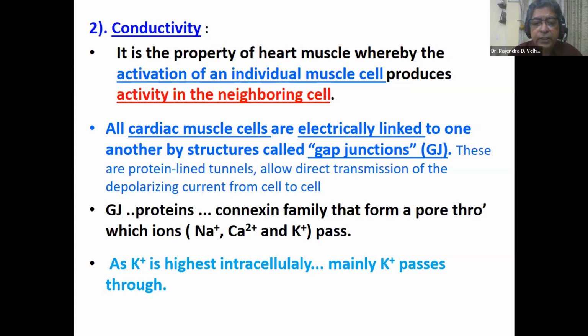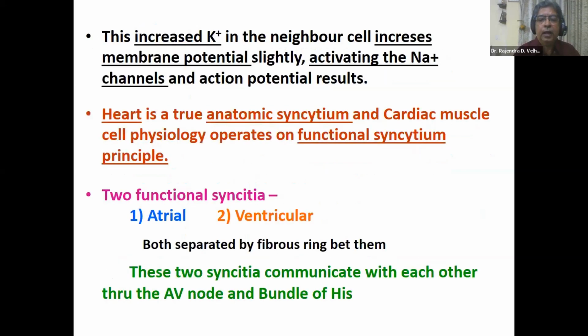These gap junctions are proteins of the connexin family that form the pore through which ions like sodium, calcium, and potassium pass. Since potassium is more available intracellularly, mainly it passes through. Once it passes to another cell, it increases the membrane potential slightly, activating the sodium channels, and the action potential results.